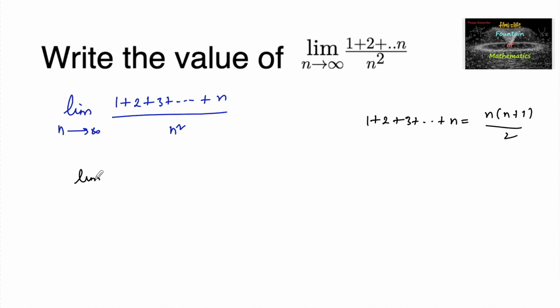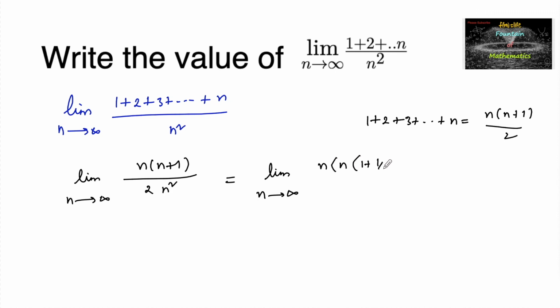So we can write here limit n tends to infinity n into (n plus 1) upon 2 n square. If I take n again common, n into n times (1 plus 1 upon n) divided by 2n square.